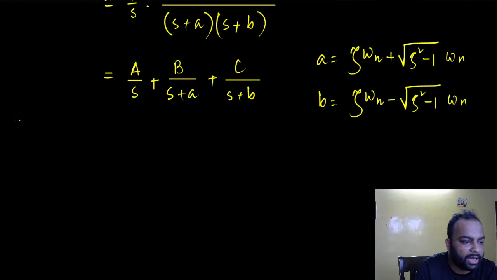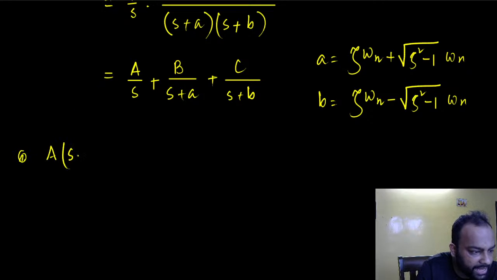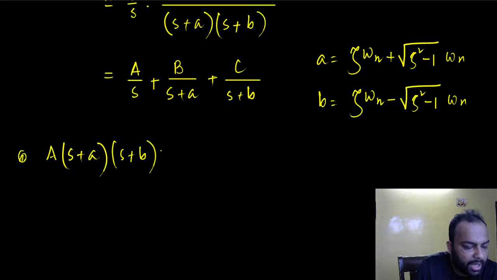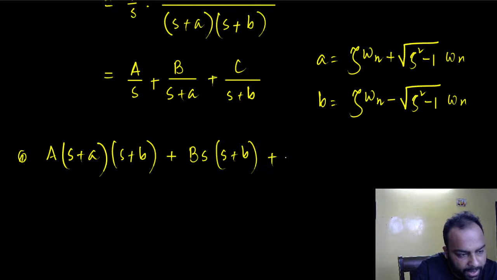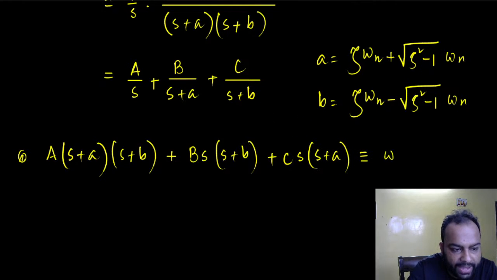And of course, if we just compare these terms, then on the numerator we would have A times s plus a times s plus b, plus B times s times s plus b, plus C times s times s plus a, and that's going to be equivalent to omega n squared, the numerator on the other side, right?